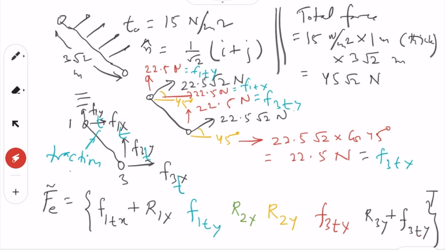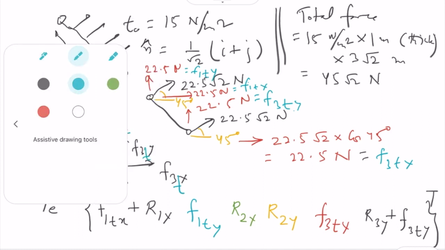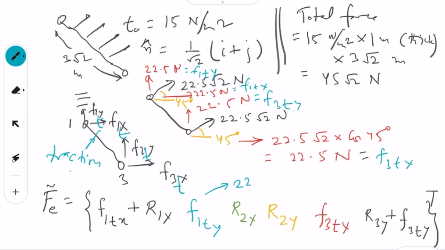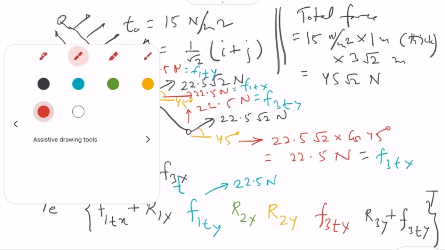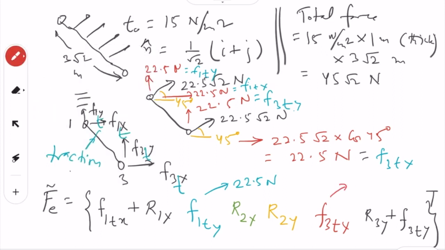So this is our element force vector. And here you can see that we have reaction in all of them except two of them, and this value is basically 22.5 Newton. So we can write here this is 22.5 Newton, and this is also 22.5 Newton.